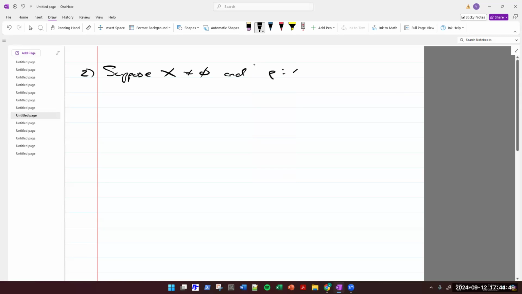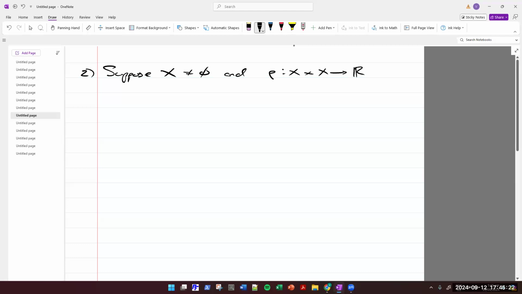A pseudometric, you can think of it like an almost metric. This could go into R. It doesn't have to be that, but let's just keep it as that. Actually, let's put it in R.